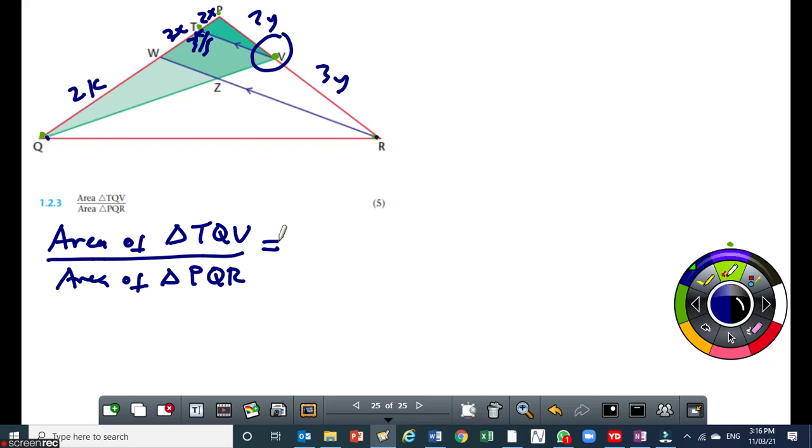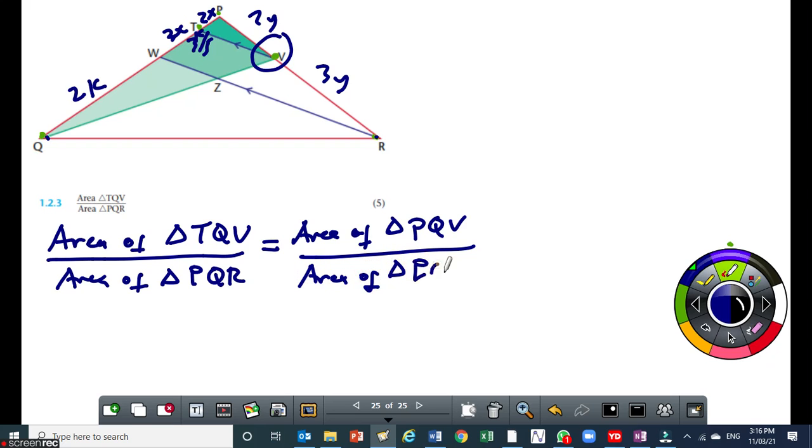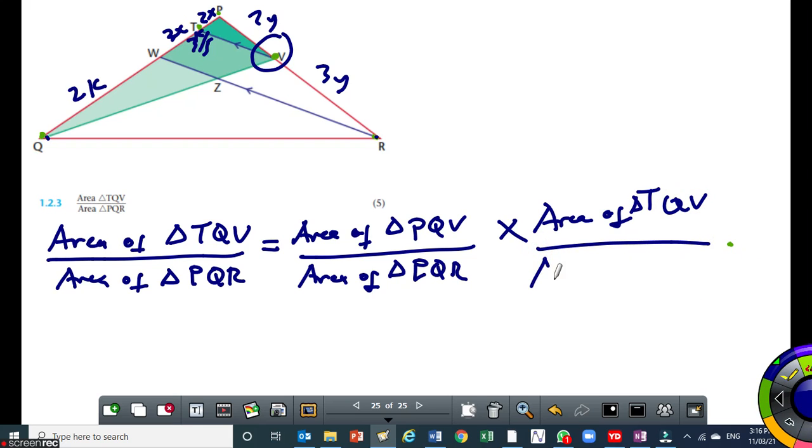This is equivalent to the area of triangle PQV over the area of triangle PQR, times, using my knowledge of fractions, the area of triangle TQV over the area of triangle PQV.